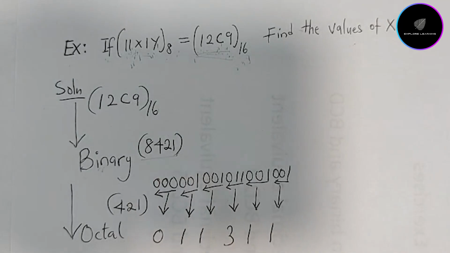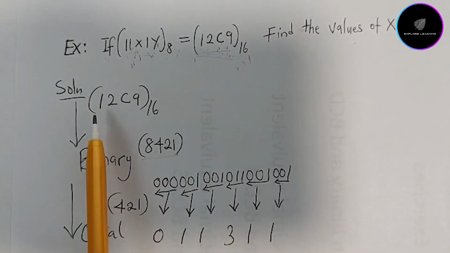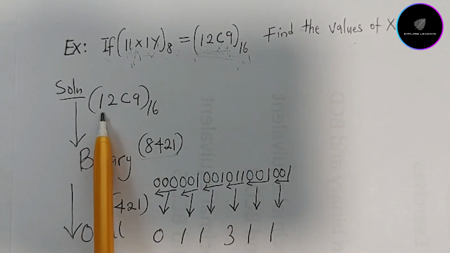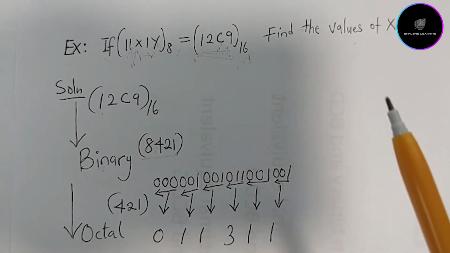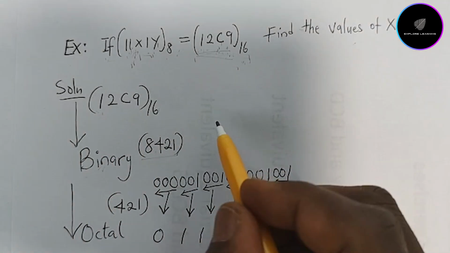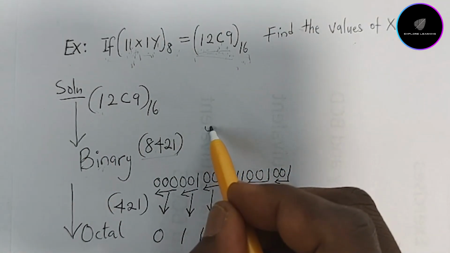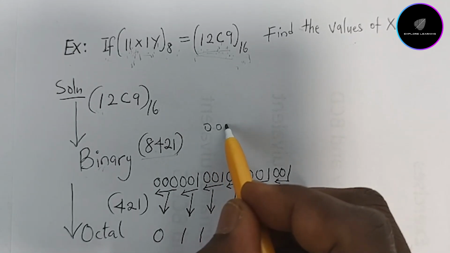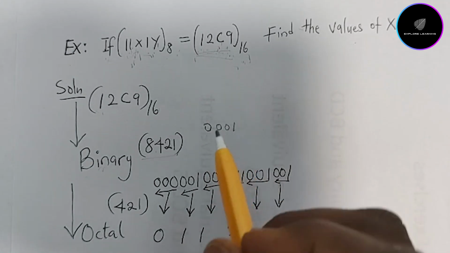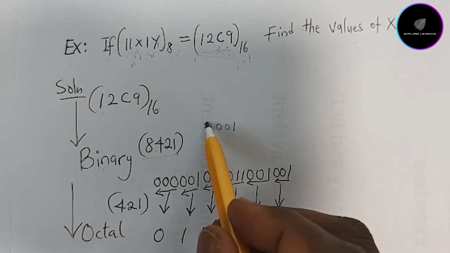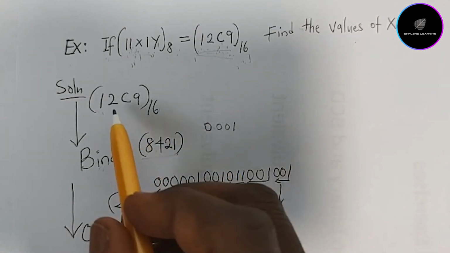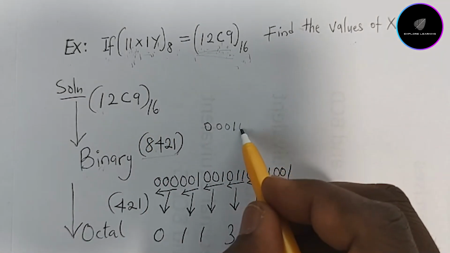So 1 is going to be 0, 0, 0, 1. This is the representation in binary. 2 is going to be 0, 0, 1, 0.